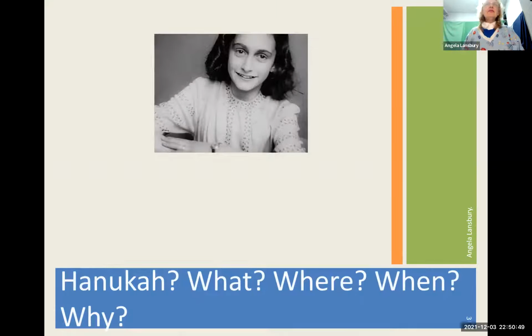Now, you may think you don't know any Jews or don't know of any, but you can probably think of two straight away. An Orthodox Jew would have been Jesus, and the celebration of Hanukkah is mentioned as the dedication festival in the book of John in the New Testament.